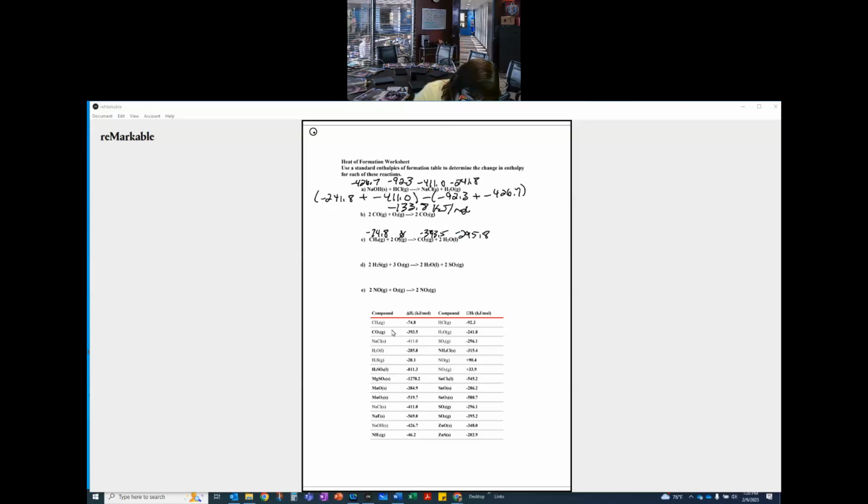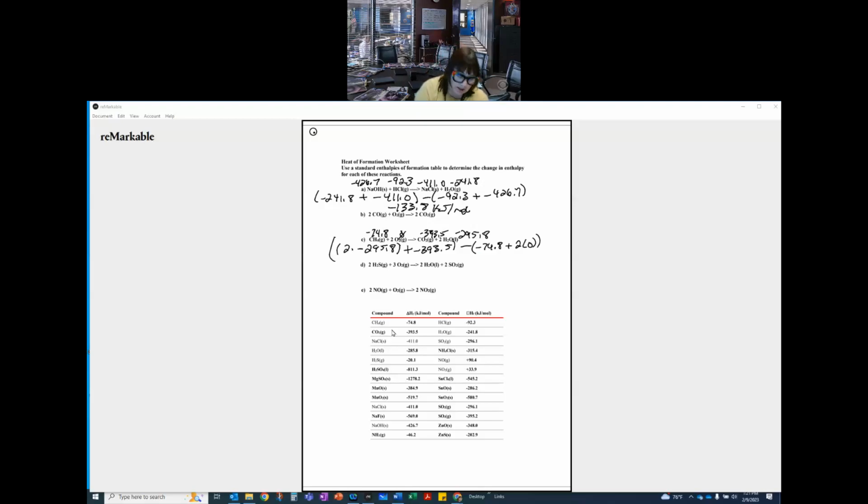Okay, so I'm going to take my products, and of course it's 2 times negative 285.8 plus the negative 393.5, minus the entire quantity of negative 74.8 plus 2 times 0. And yes, I do actually include that because for me, that makes sure that I've gotten everything that I needed to get.